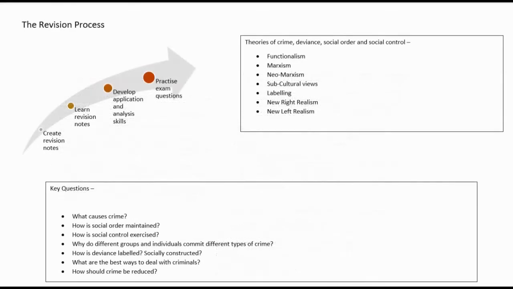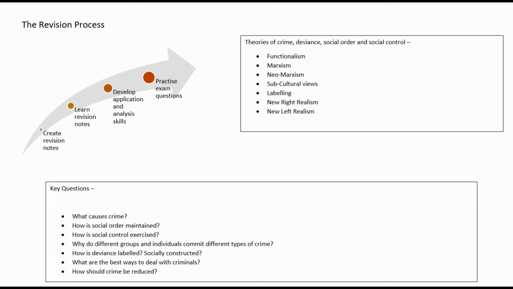Okay, so making your revision note overview for each of the theories and having your flashcards and learning those deals with the first 2 points of the revision process. You create the materials that you need and then you learn them, and that's pretty boring.